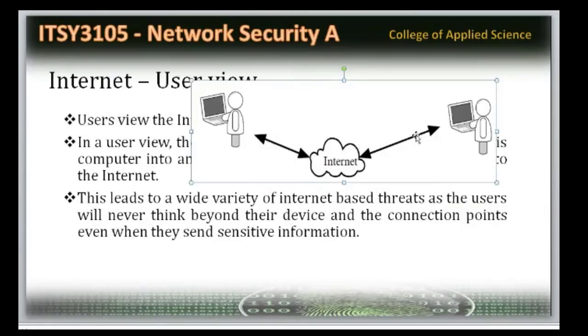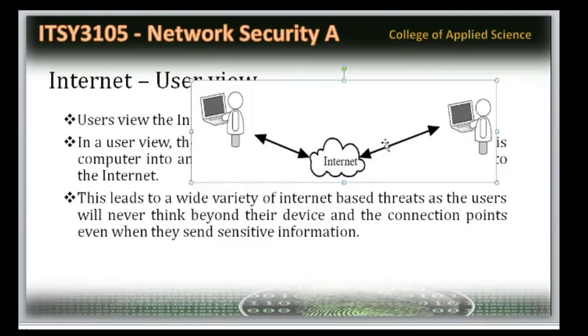It is going to cross so many other networks and so many routers. So your sensitive data or information is going to come through different networks, and then finally it is going to reach you.